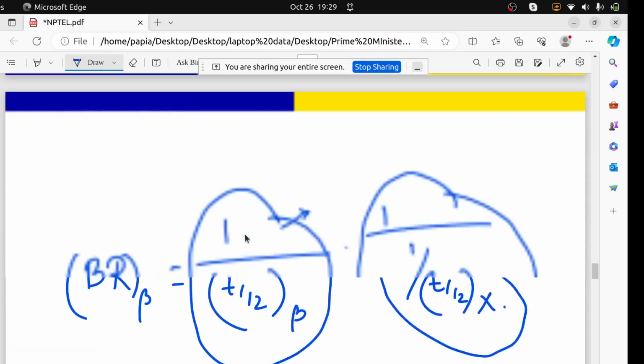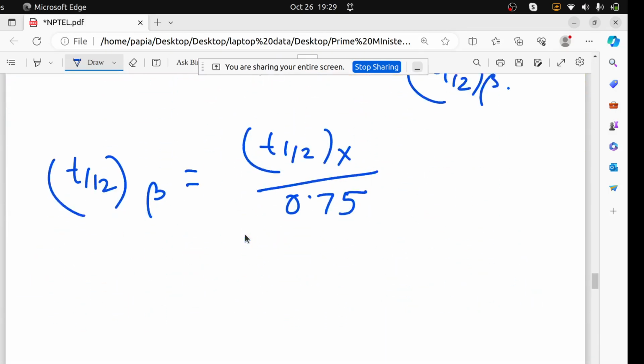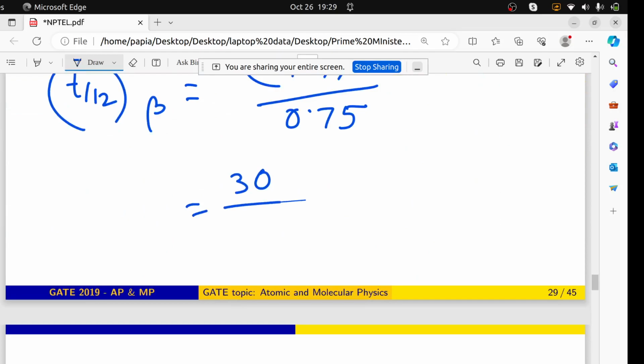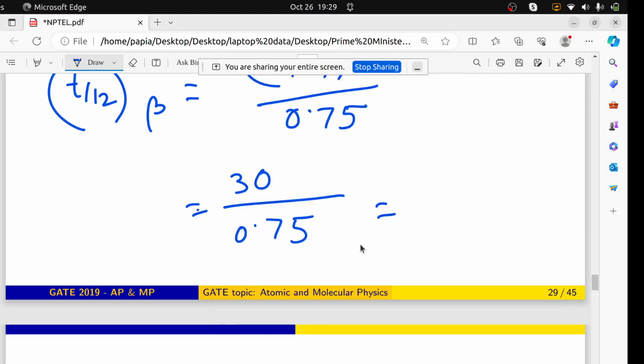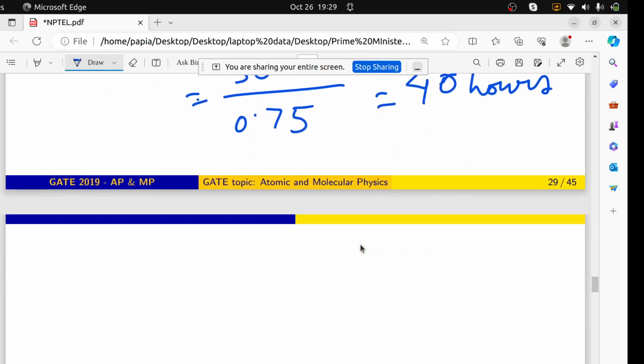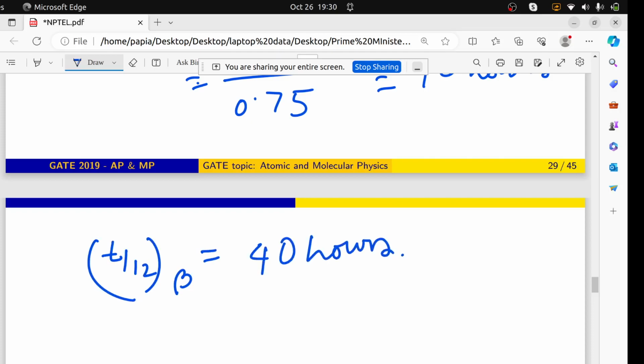T half of X is already given here, which is 30 hours. So 30 divided by 0.75, which gives us 40 hours. So from that question I have the answer that T half of beta is 40 hours.